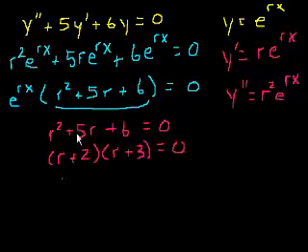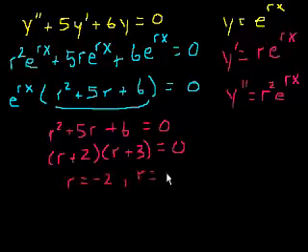And so the solutions of the characteristic equation, or actually the solutions to this original equation, are r is equal to negative 2, and r is equal to negative 3. So you say, hey, we found two solutions, because we found two suitable r's that make this differential equation true. And what are those?